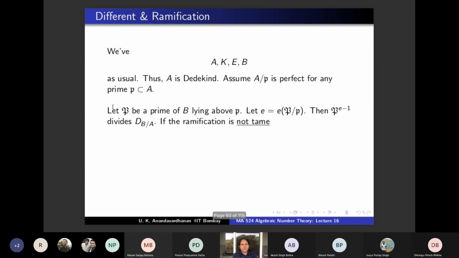That's the first result. And if the ramification is not tame, can you recall what is not tame? When we defined ramified, we also defined tamely ramified.